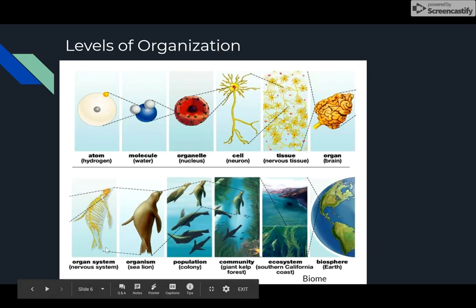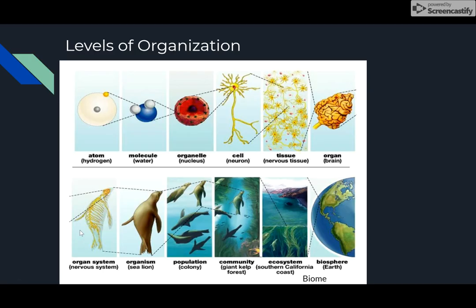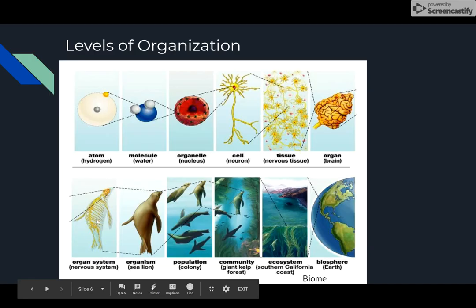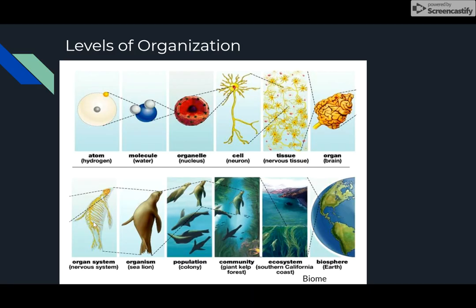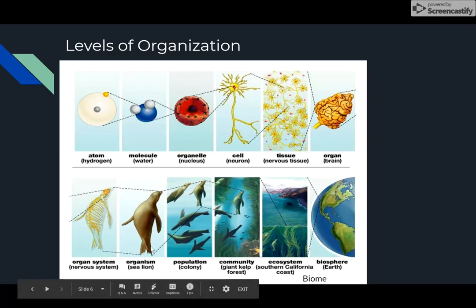And that organ system helps to produce different things about that organism. In this case, it can tell muscles to move. It can store memories. It can help sense and interpret the surroundings that the organism finds itself in. So we have these organ systems that make up an organism, and those organ systems work together to help keep the organism alive. And that organism functions as a living thing. That's the thing we recognize as a living thing.